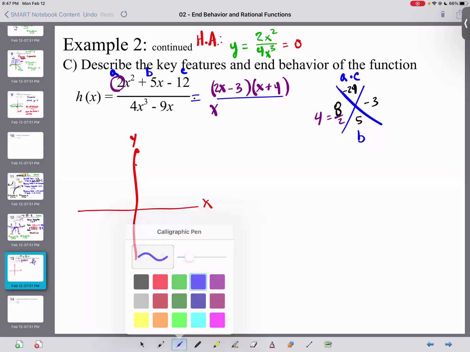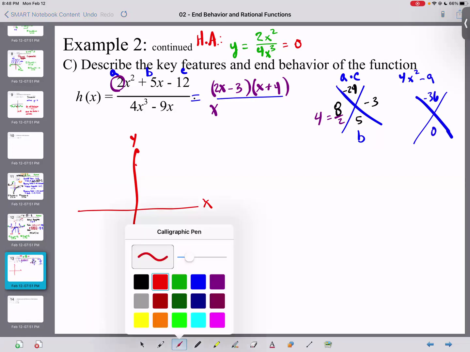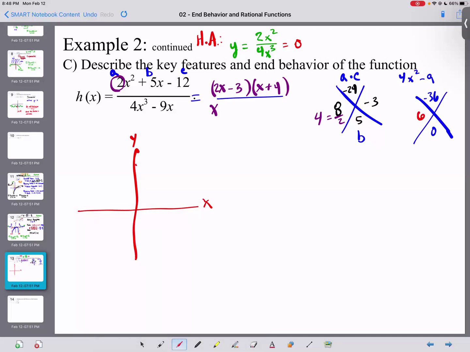So if I factor that out, what I'm now going to factor is 4x squared minus 9. And so on this one, I'm looking for factors of -36 that add up to 0. 6 and -6. Perfect.